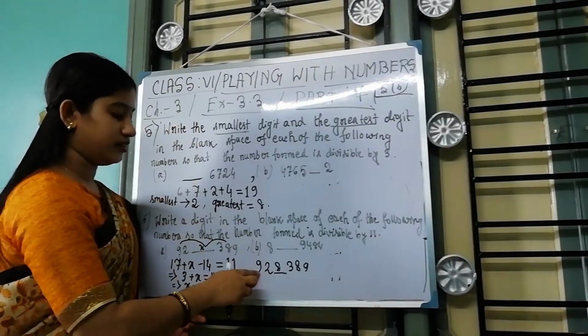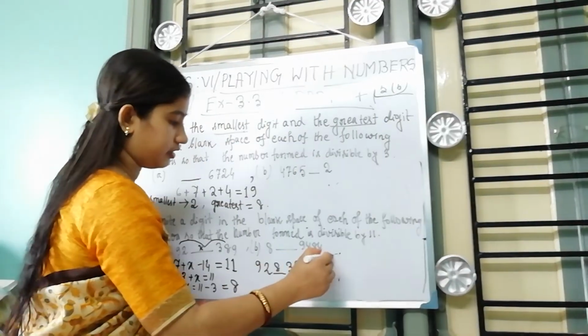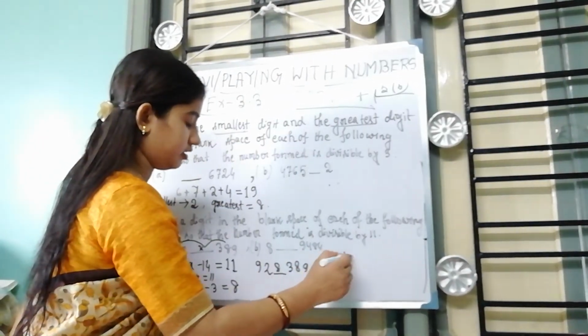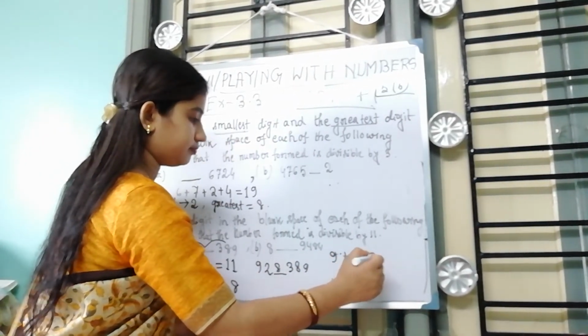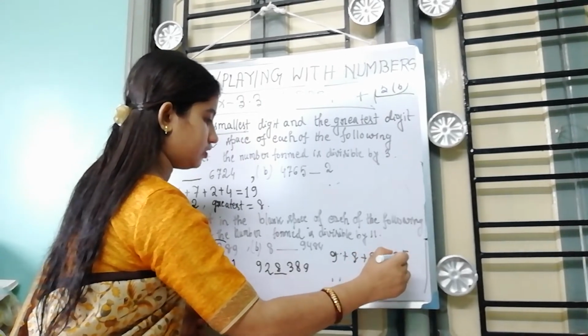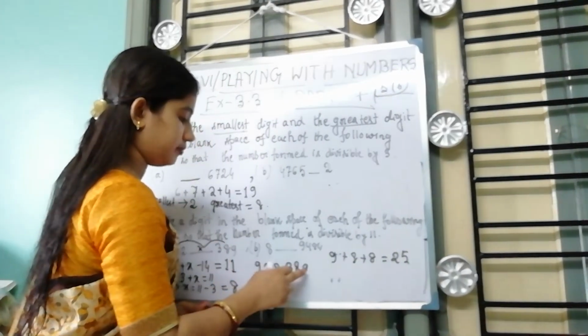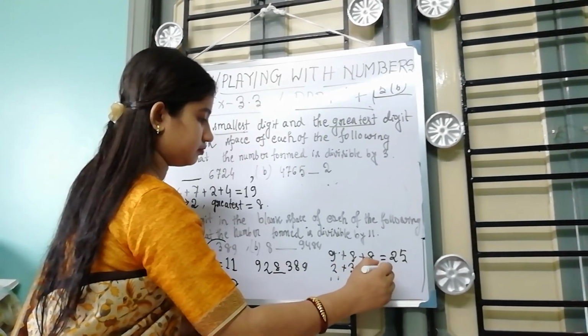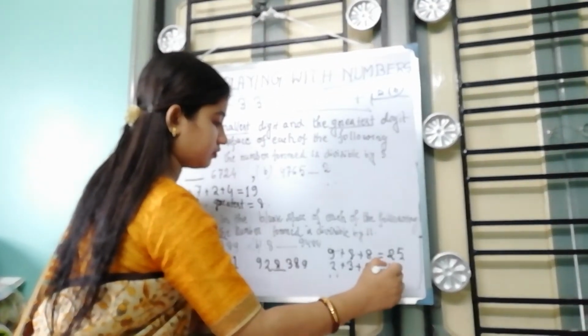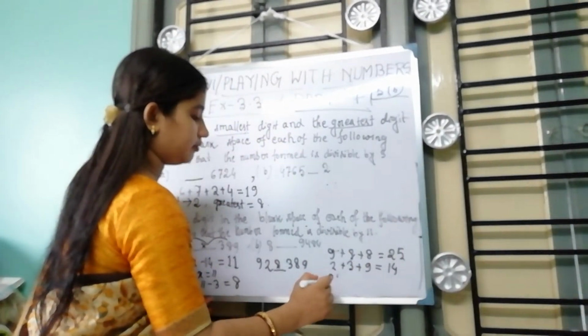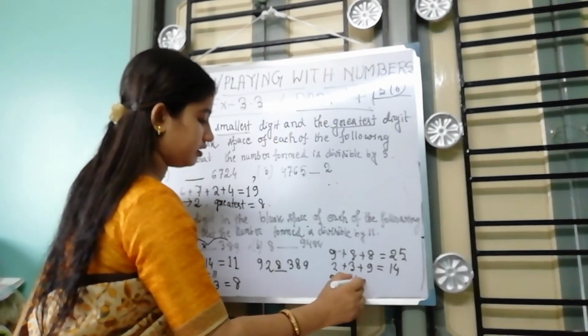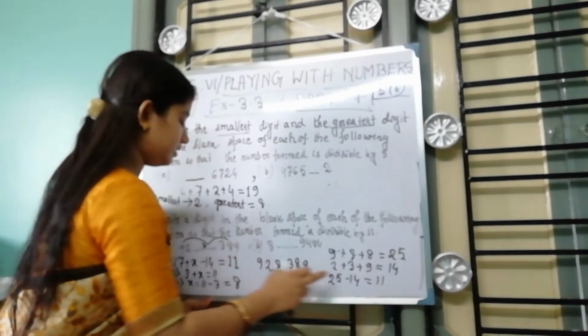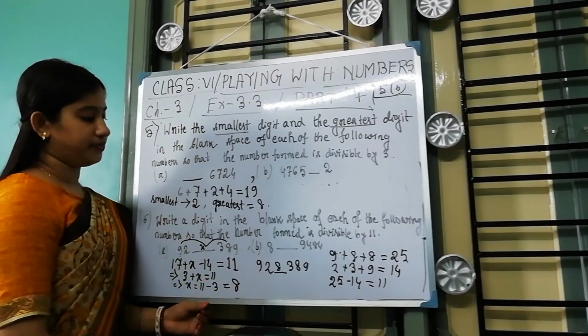Now we check this. Adding 9 plus 8 plus 8, this is 25. And next 2 plus 3 plus 9, this is 14. And find the difference: 25 minus 14 is 11. That means this number is divisible by 11.